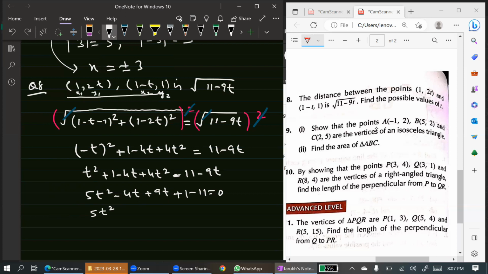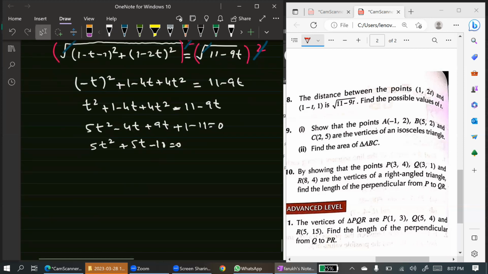So 5t square plus 5t minus 10 is equal to 0. We will divide all the terms by 5. We will get t square plus t minus 2 is equal to 0.